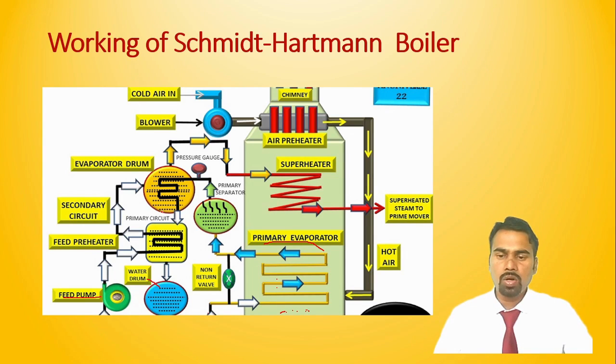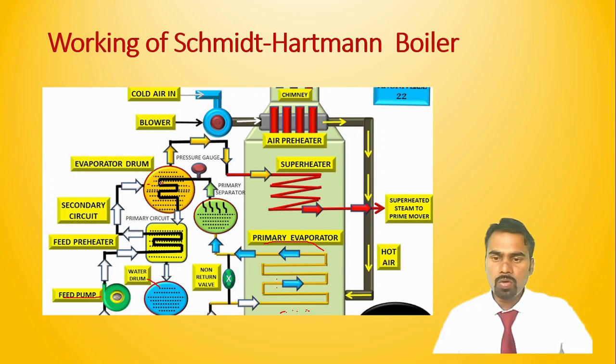Here there is a mixture of water and steam, or water and water vapor, in this evaporator drum. Now what happens? We are sending steam from this primary separator through this pipe. This steam has a very high temperature.